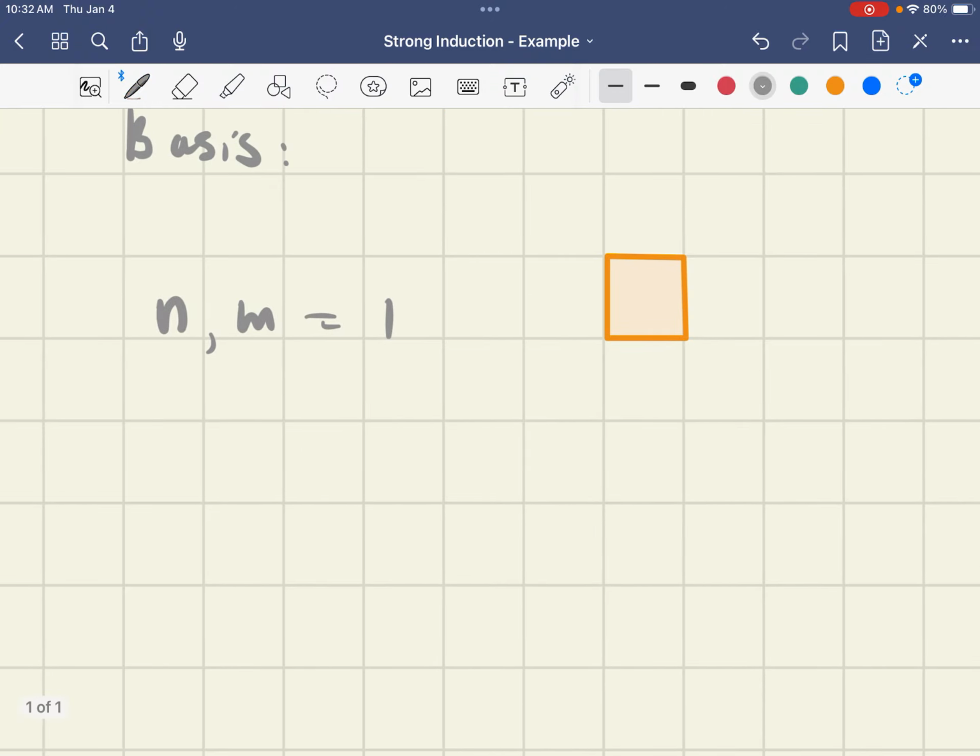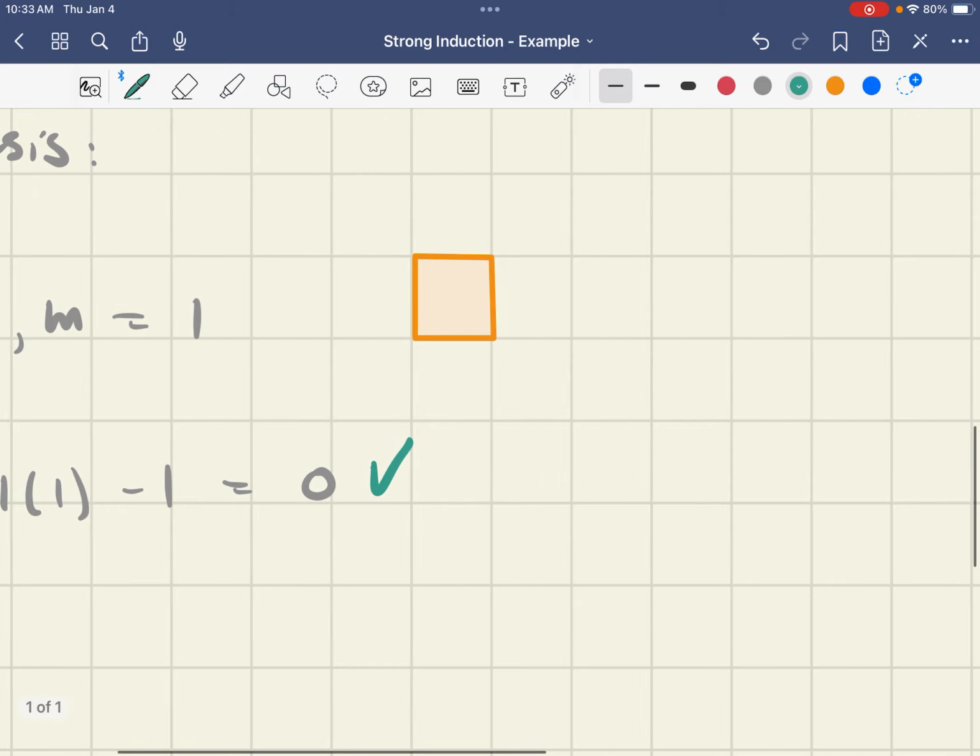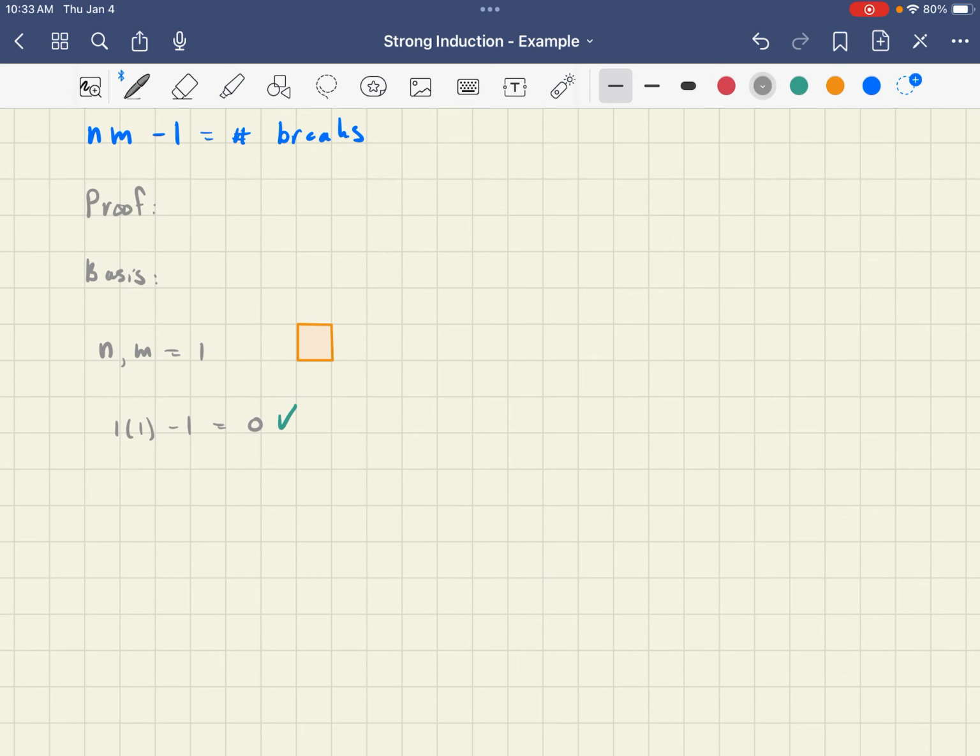Let's see. We get 1 times 1 minus 1, which equals 0, and that checks out because we can't break this anymore. It's 1 unit. So that's done. Oftentimes for strong induction, you need to do more than one basis, and it depends on the proof that you're doing. For this, we don't need more than one basis. One is enough.